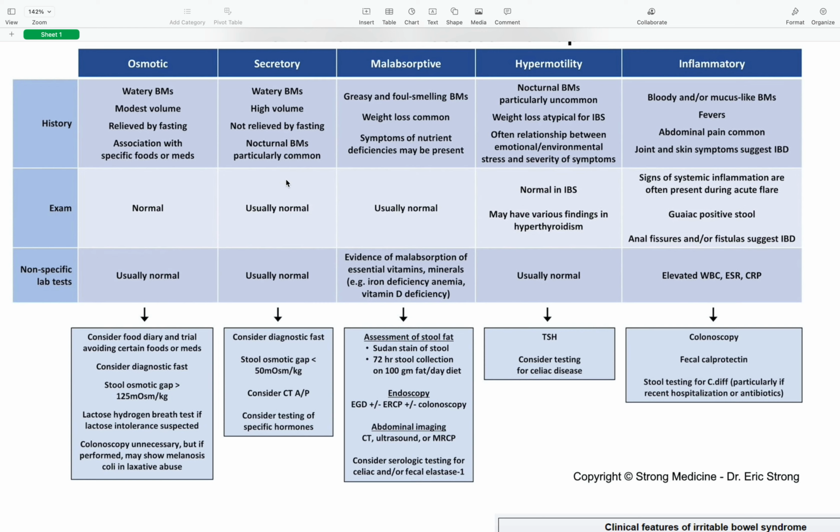And then secretory diarrhea. This also causes watery bowel motions, high volume, not relieved by fasting, and essentially occurs at night. Nocturnal bowel movements are particularly common. Okay, so there's no particular exam or specific labs. Again, you do a stool osmotic gap test, which will be less than 50, and you need to consider certain specific hormone testing like VIPomas, gastrinomas.